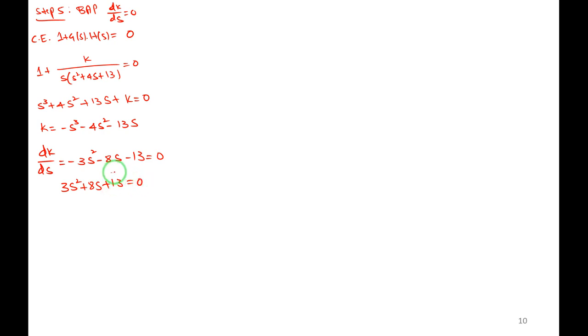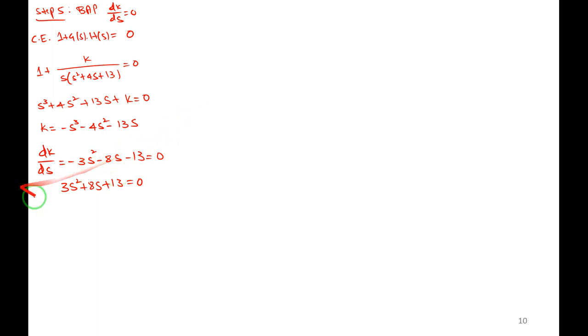So let me find out the roots of this using the calculator. The degree is 2. The value of a is 3, the value of b is 8, the value of c is 13.